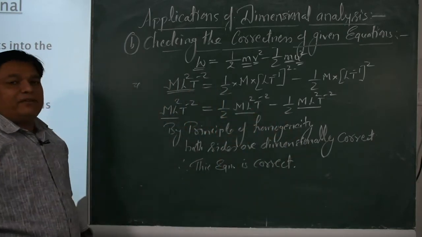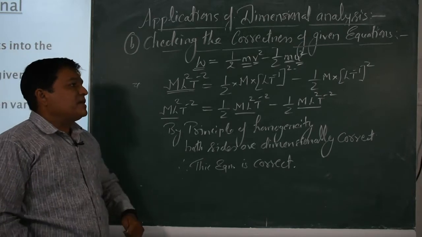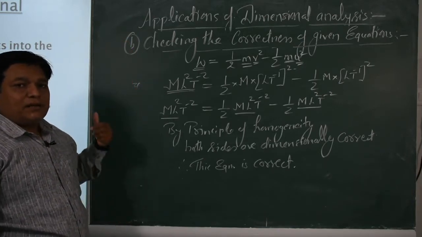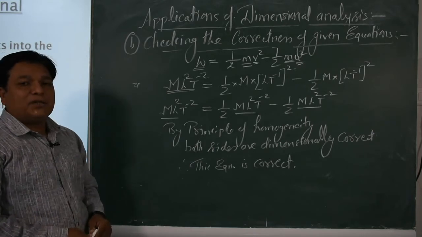So in this way we can check a given equation by using the dimensional formula. All of you please note it down. Then we will go through the next application of dimensional analysis.